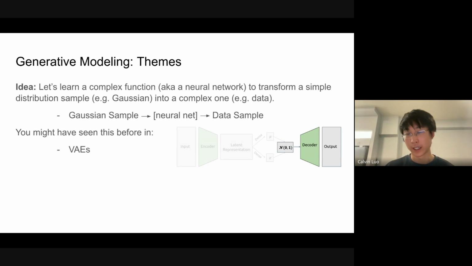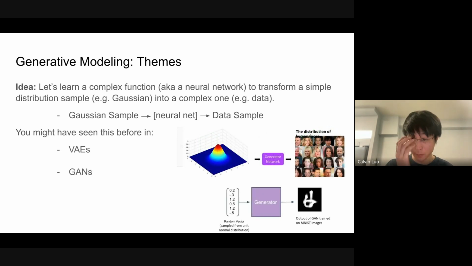That's one way to convert a Gaussian sample to a complex data sample. And you might have seen this in GANs as well. In GANs, we explicitly take a standard normal vector, pass it through the generator network, and it outputs a sample from the complex data distribution. You've also seen this in normalizing flows, where you try to map the Gaussian distribution into the complex one in a reversible way, and you'll once again see this here in diffusion models.